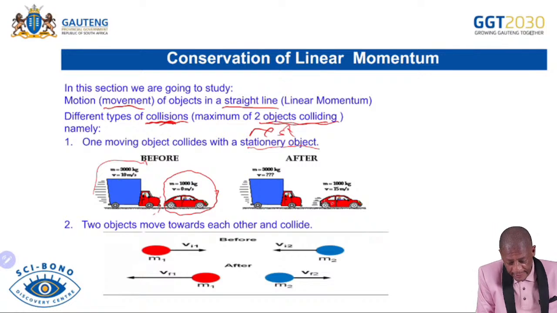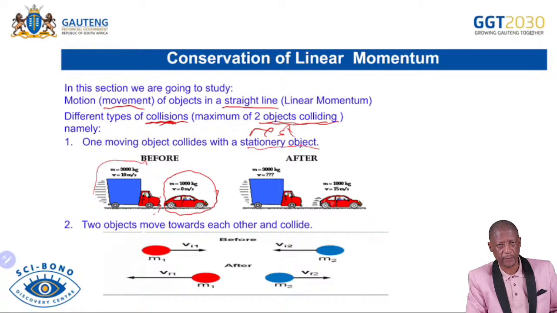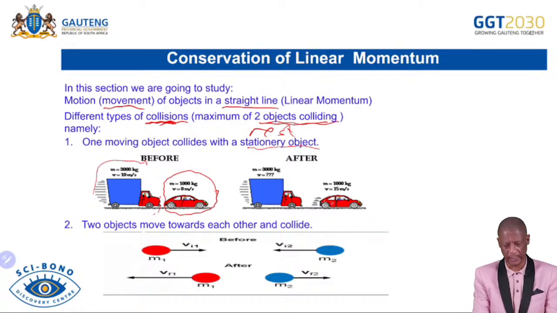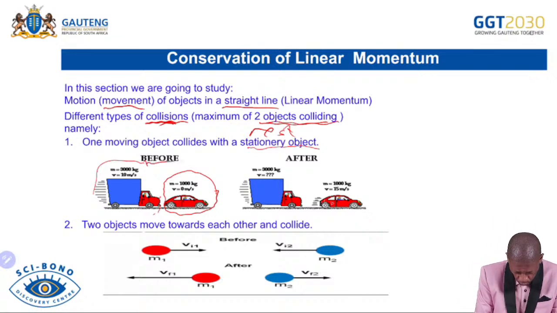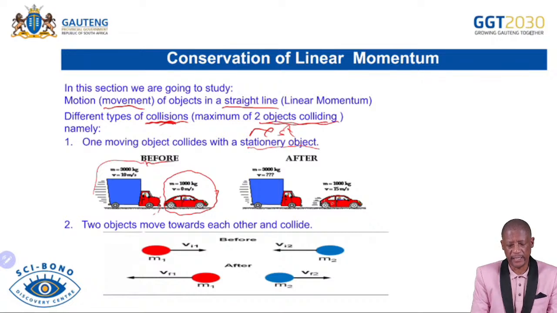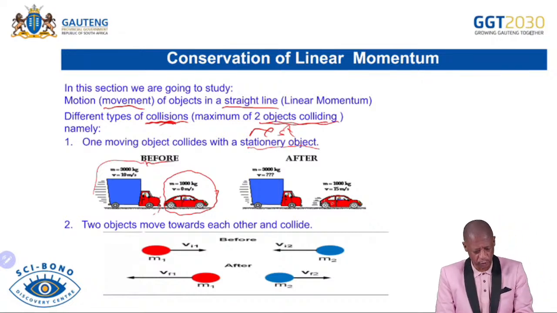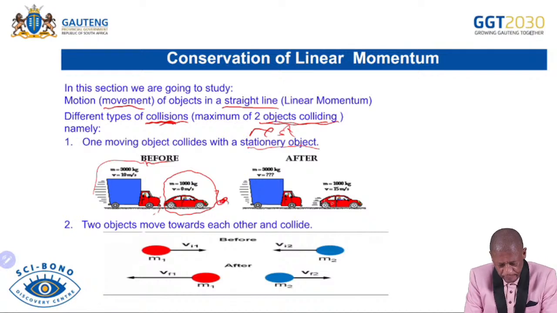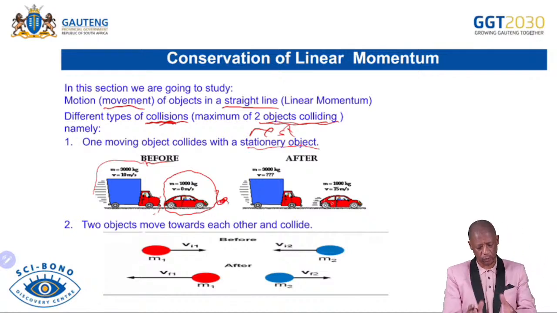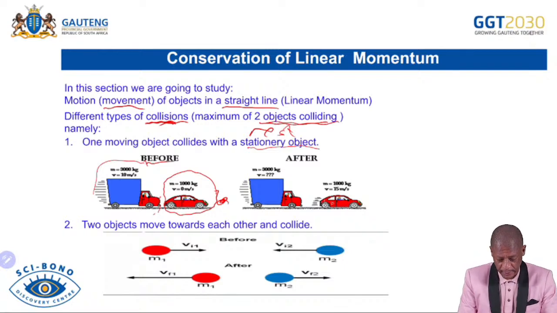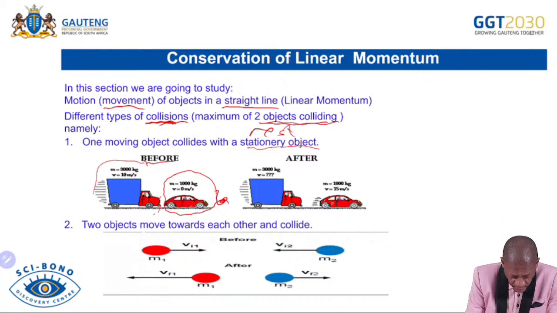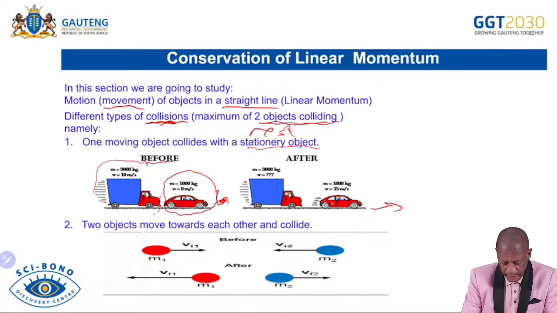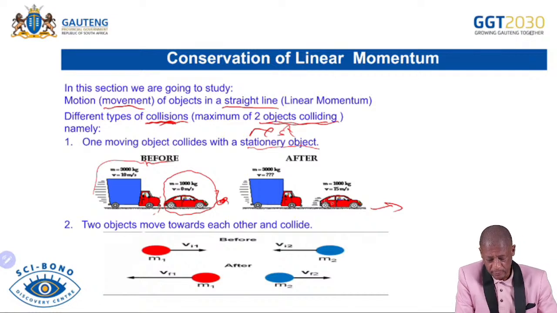Then it collides with the one that is stationary. So I'm talking about 2 objects, right? That is before the collision. Now, the same objects after the collision, what happened? The stationary object moved forward with a velocity of 15 meters per second, right?